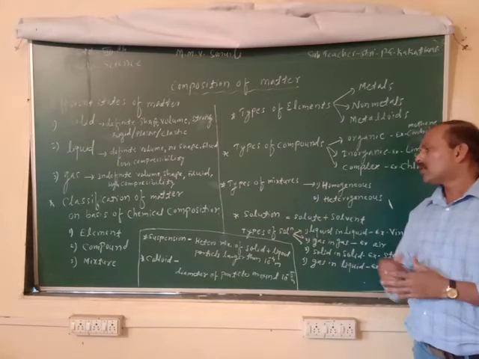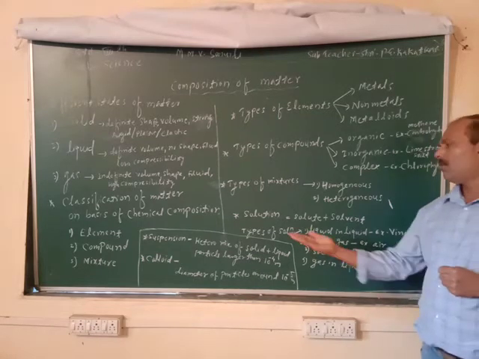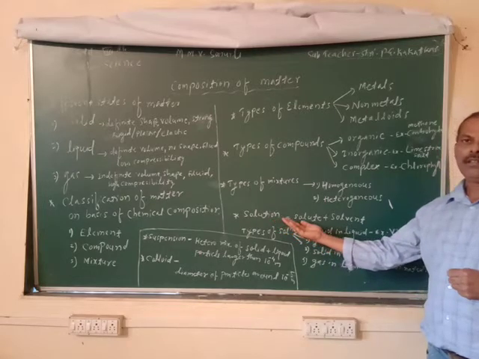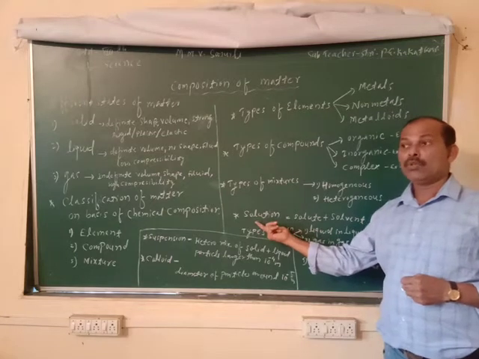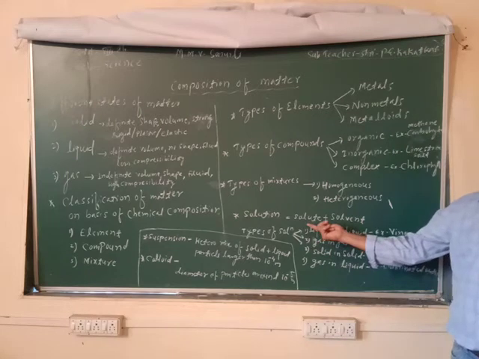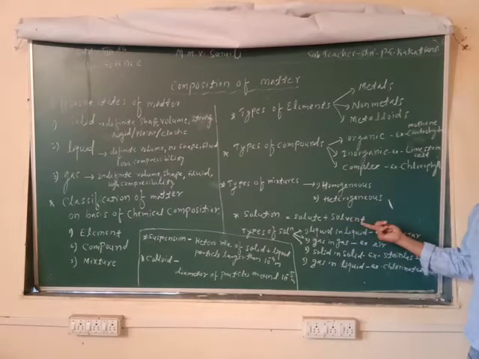Then what is a solution? A solution is also a type of mixture, but we can define it like this: solute plus solvent equals solution. Means a solution has two parts. One is the solute, which is less in proportion, and another component which is more in proportion, that is the solvent.